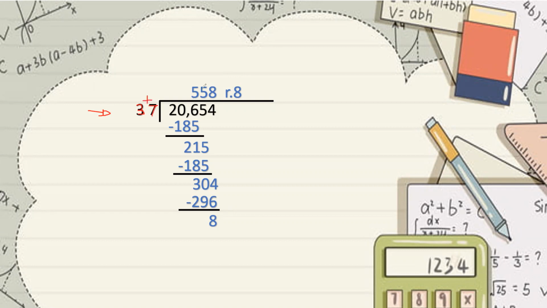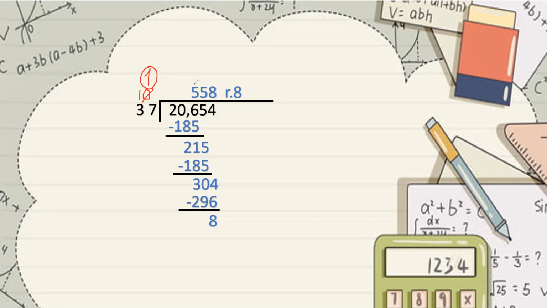Make an addition and say 3 plus 7 equal 10. But in this case, we cannot write 0, so we are going to write just number 1. So my divisor exit is 1.